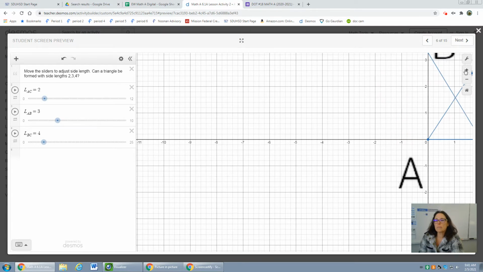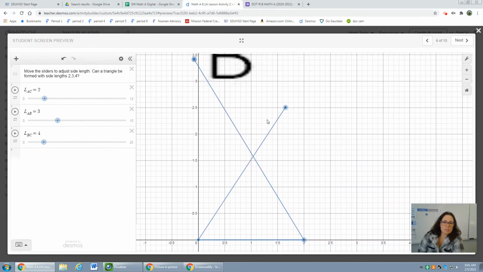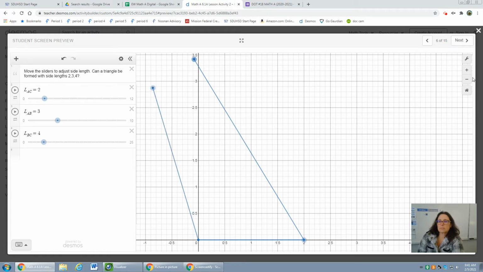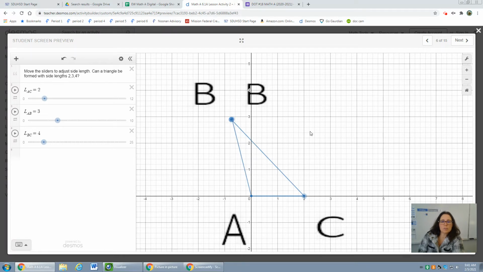Let me blow this up and scooch it over. Yes, I can finagle these to be perfectly lined up with an enclosed triangle. So you're going to write yes. 2, 3, 4, they're all different, so you're answering that row with scalene triangle.